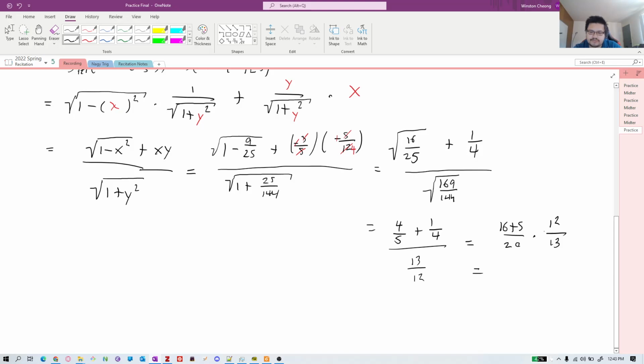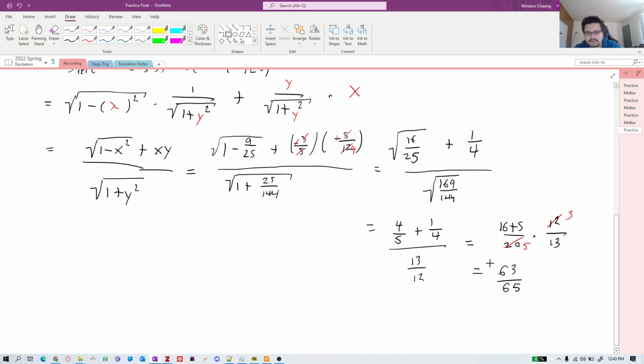So I'm getting a 21, and this 12 I want to cancel. I want to simplify this. So I can cancel 4's out, so we get 5 there. Okay, that's the correct denominator. 21 times 3 is going to be 63, over 65 when you do 13 times 5. Good. That is the answer I'm expecting.